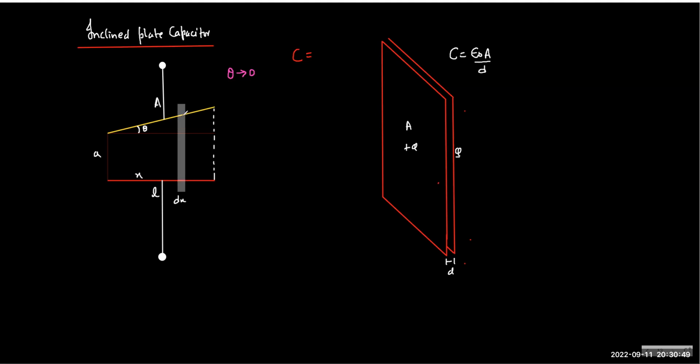Now the plate facing this dx, this plate and this plate, do they have similar area? Assuming theta is tending to 0. Imagine, first you make theta almost 0. So what you need to look for is this part. This part and this part are the same, no?